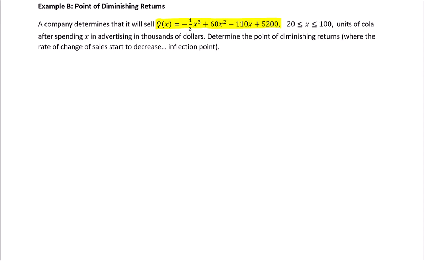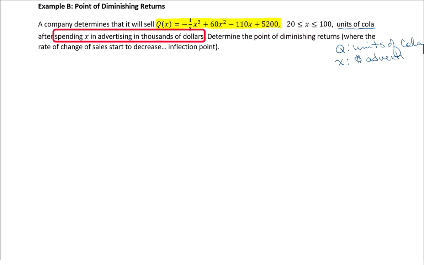There's a couple of key pieces of information here that we want to focus on. Q, as in Q of X, is the units of cola. X is dollars in advertising, which is in thousands.